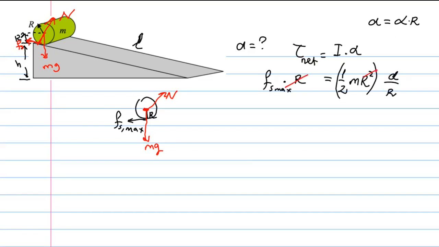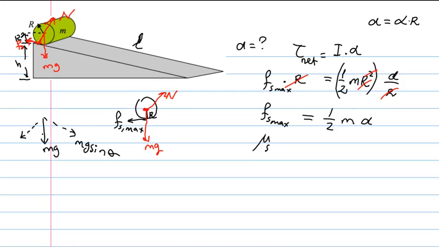Doing some simplification, Fs maximum equals 1/2 ma. Fs maximum is given in terms of the static friction coefficient mu s and the normal force. Recall the force mg downward, when we decompose this into 2 components: one parallel to the motion, mg sine theta, and the perpendicular component, mg cosine theta. This mg cosine theta is basically the normal force.